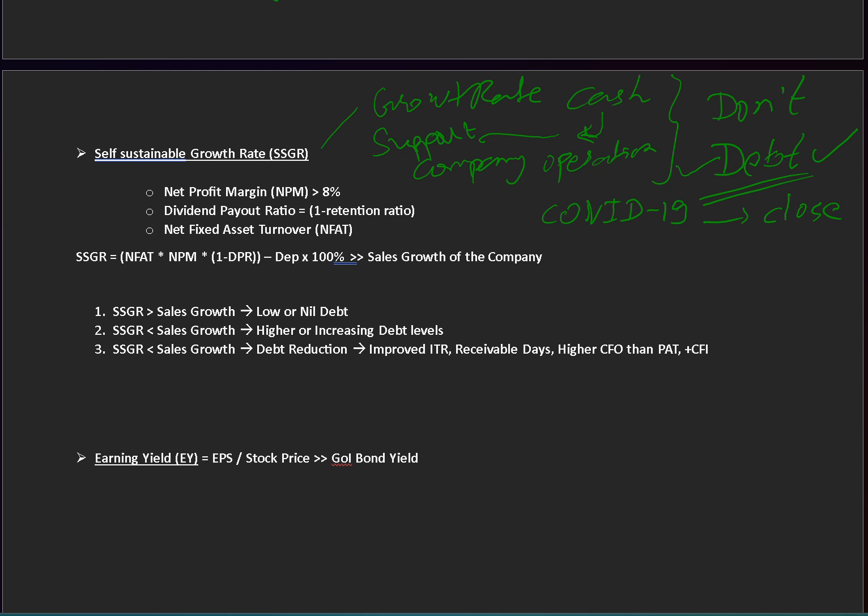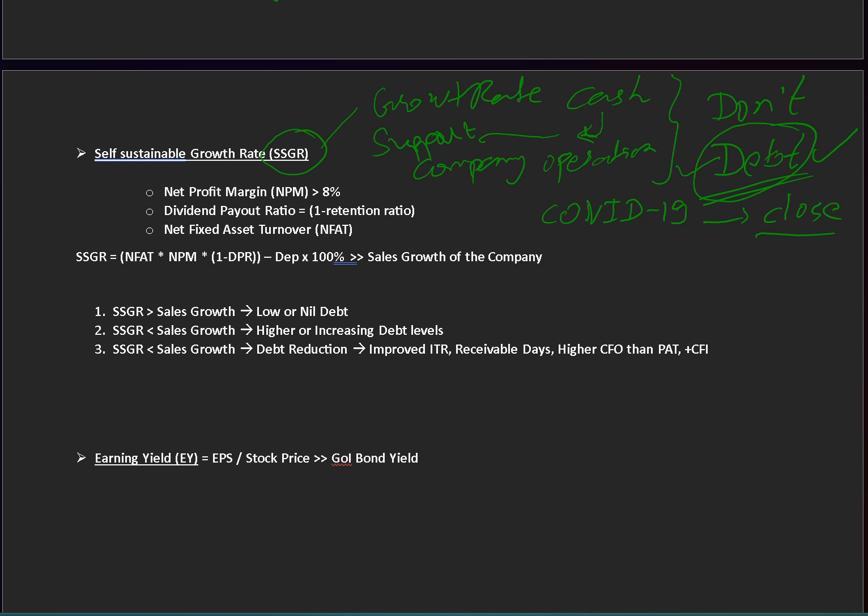In turn, the debt burden kept on increasing. So finally, they had to close. So if the company is having this SSGR, and through SSGR it is surviving its operations, then there is no requirement of external debt, and this is a very good factor for the company.